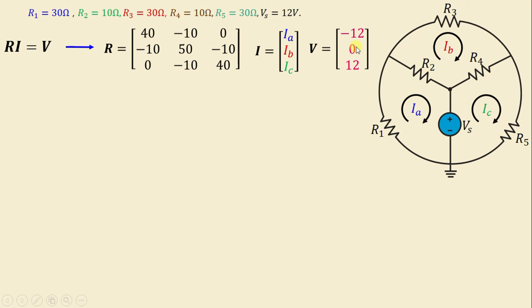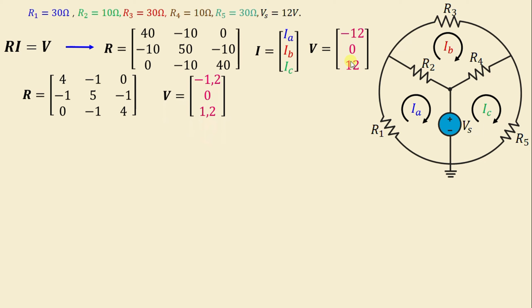That's why it is 0. If we go to mesh 3 in the clockwise direction, we go from negative to positive. We have a voltage rise, so it should be treated as positive. That's why we have plus Vs. In order to simplify the calculation, we divide matrix R by 10 and the vector V by 10.